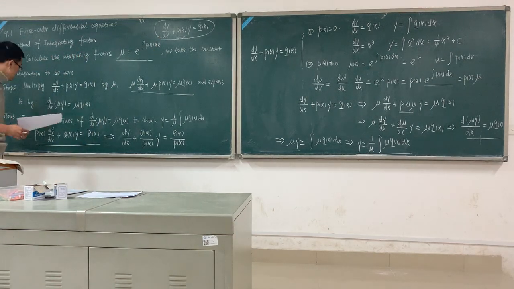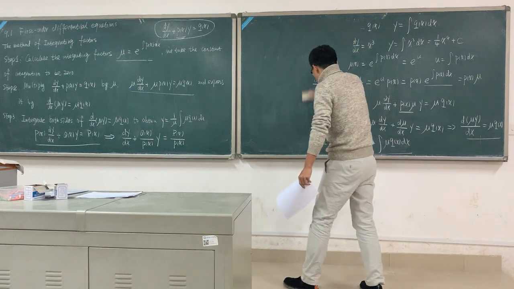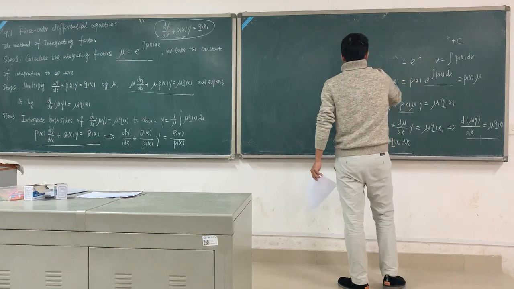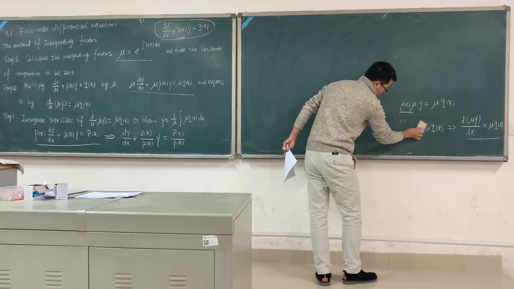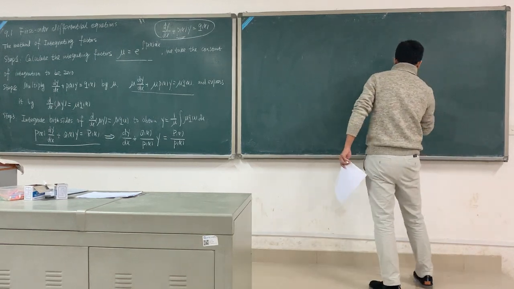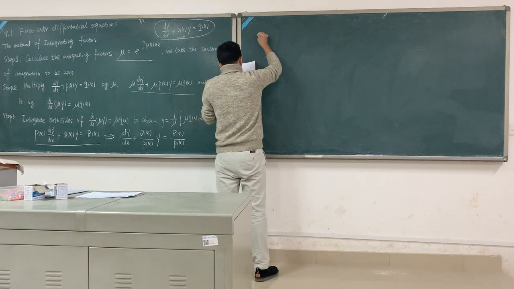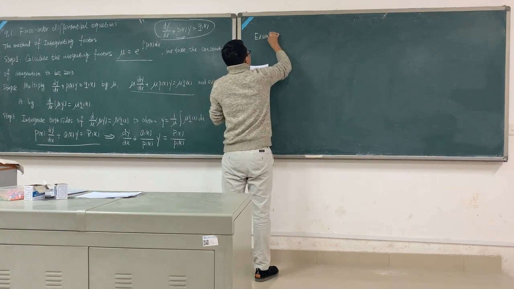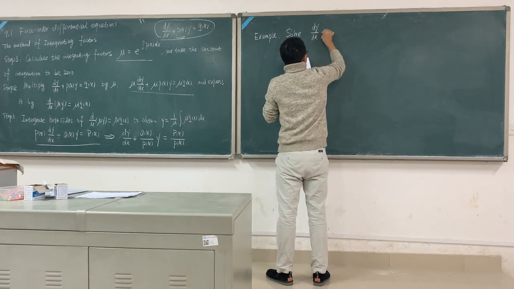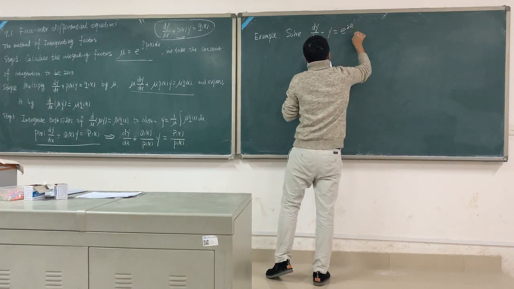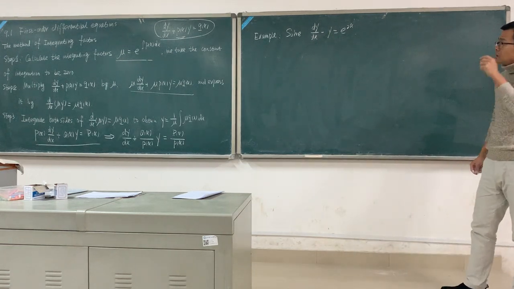So now I give some examples. Now, this equation: dy/dx minus y equal to e to the power of 2x.